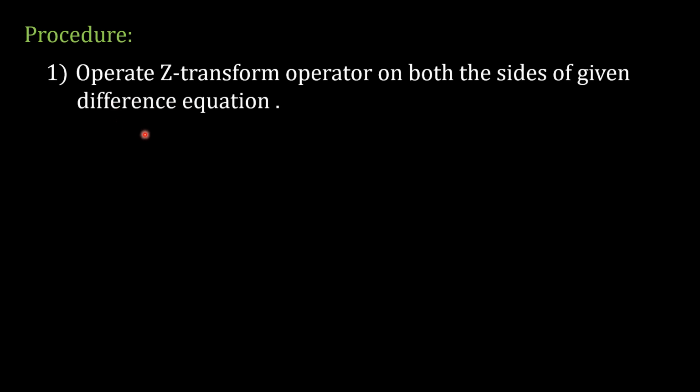Now we are going to see the procedure to solve a difference equation. The procedure is very simple. There are only 4 simple steps. In the first step, we operate the Z transform operator on both sides of the given difference equation.